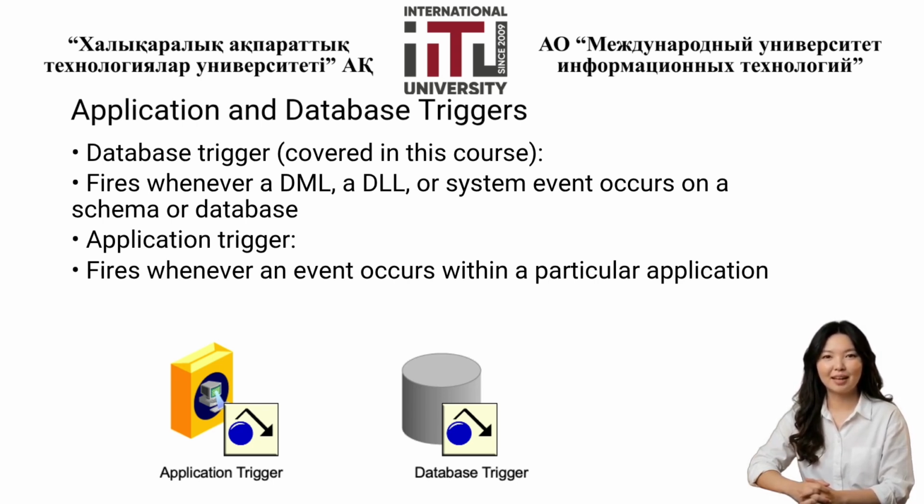In contrast, an application trigger is executed within a specific application when certain events occur, such as user actions or interface events. These are managed by the application logic rather than the database. The key difference is that database triggers are controlled by the database system, while application triggers are controlled by the application layer. Overall, database triggers provide a more centralized and reliable way to enforce rules directly within the database.